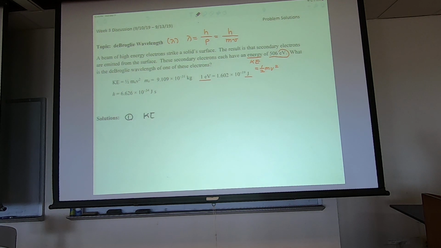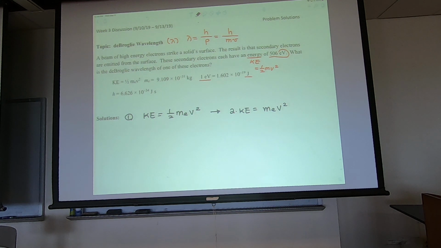Kinetic energy is half times m_e v squared, for the electrons. Then I am going to rearrange it: 2 times kinetic energy is m_e v squared.